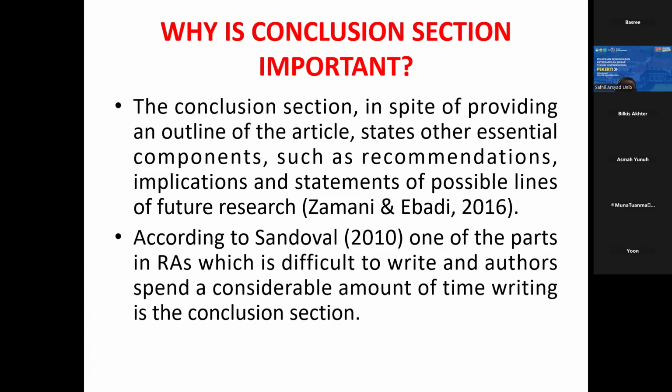The conclusion section may also consist of a statement about limitation. So the summary of results or findings, and then the limitation of the study, usually about the method, and then suggestion for future studies, and then implication.